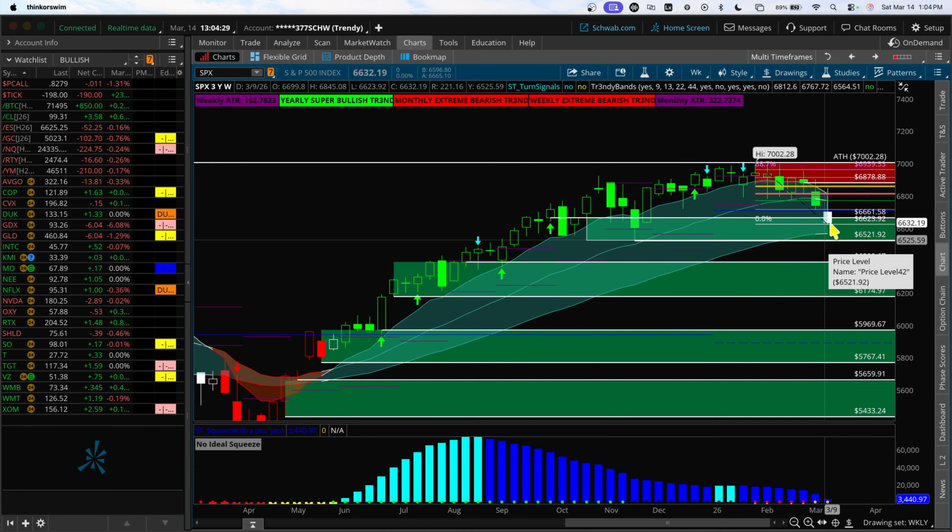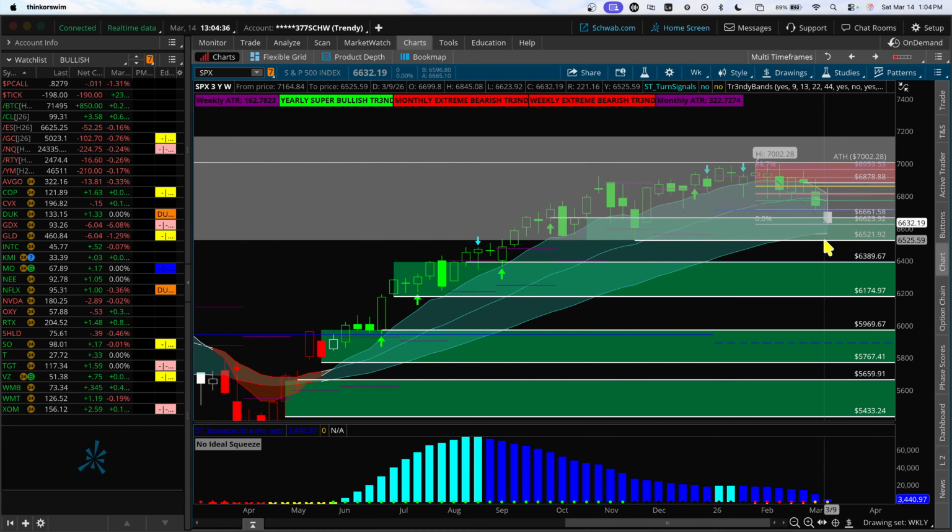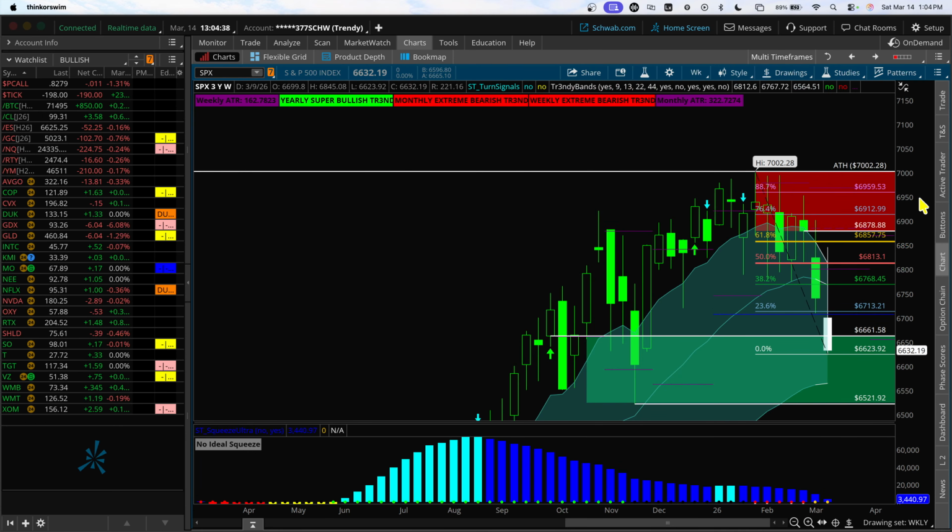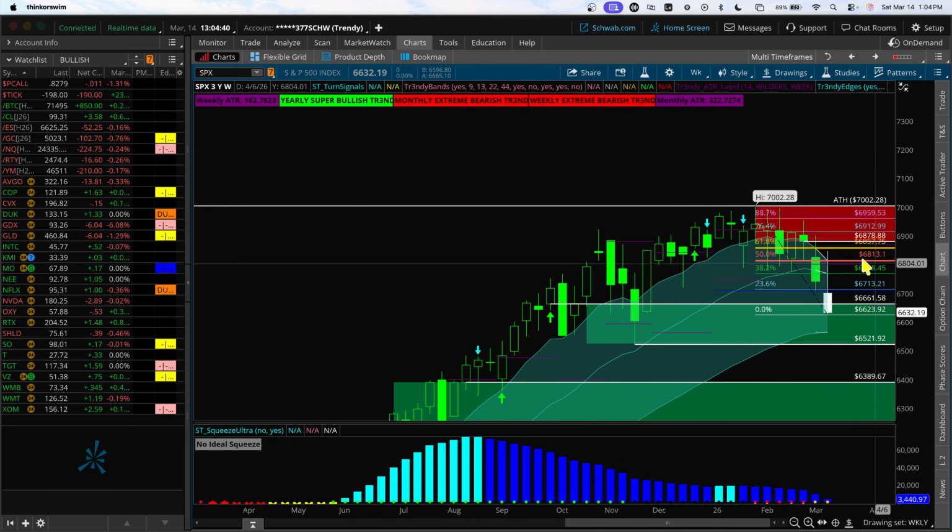Now, as far as where last week's candle brought us, it's actually a very impressive candle in the fact that we moved from a bearish golden profit area, a very big topping wick. This topping wick on last week's candle shows selling pressure.